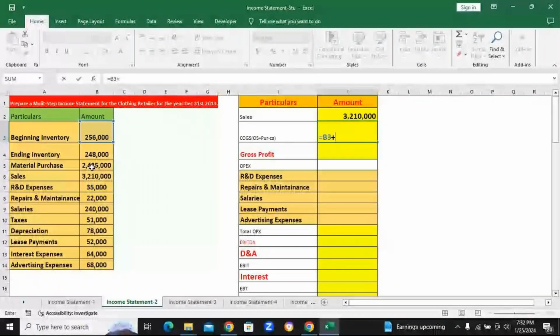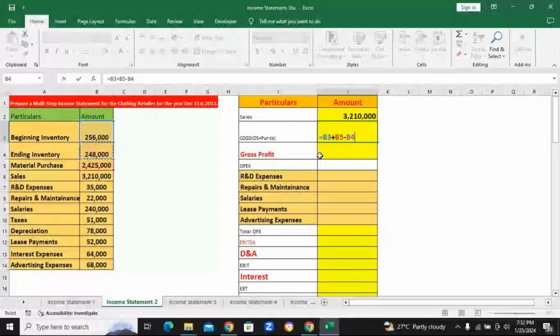So beginning inventory and whatever extra materials I have purchased, I need to add both, and further subtract the ending inventory.